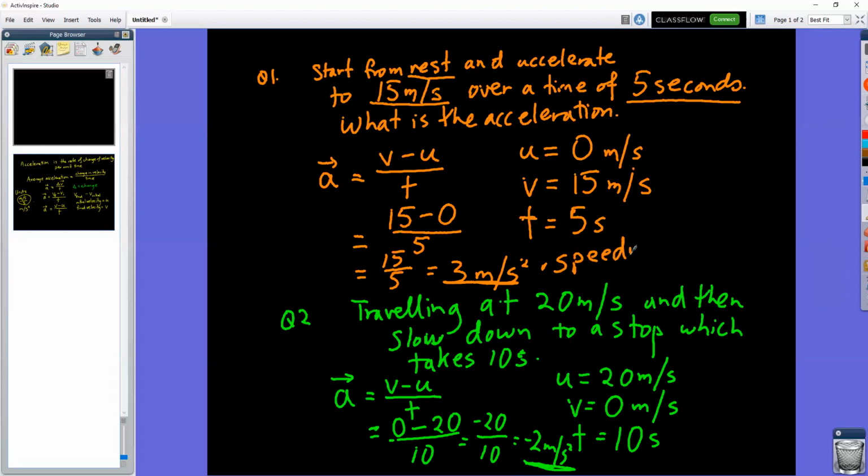It's speeding up. What we normally call accelerating, that's what we mean, speeding up. However, this one here, negative 2 meters per second squared, means we're slowing down. So if the acceleration is negative, in the opposite direction to the velocity, that means we're slowing down.